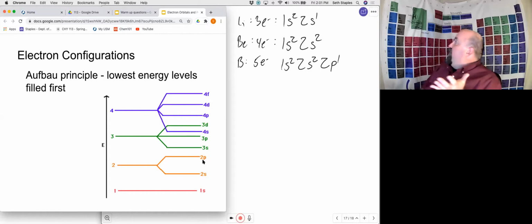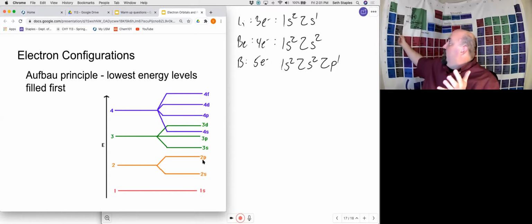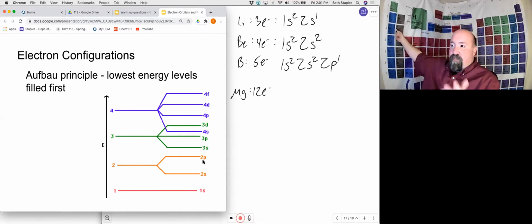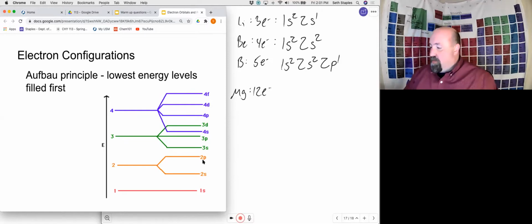Let's move to something a little bit bigger. Let's do magnesium. 12 electrons in a neutral magnesium atom, atomic number 12. I know you can't see that when I point to it here, but I'm just pointing out that I'm looking at the atomic number, so you'll definitely want a periodic table in front of you as you're doing these. So let's go through our same process. First thing that we're going to fill is 1s.